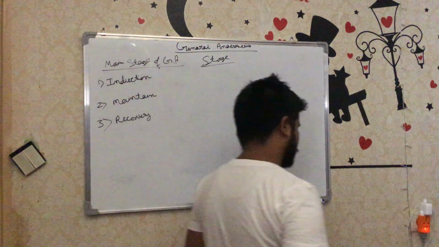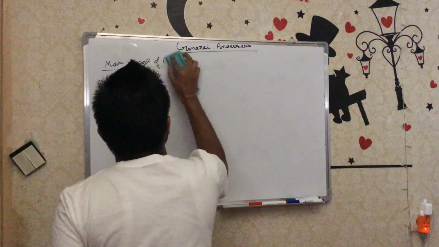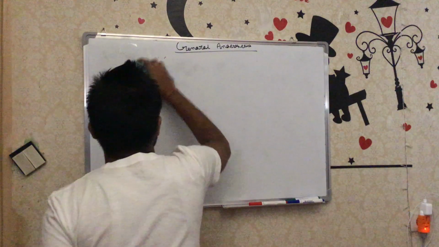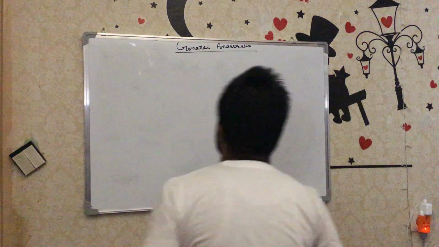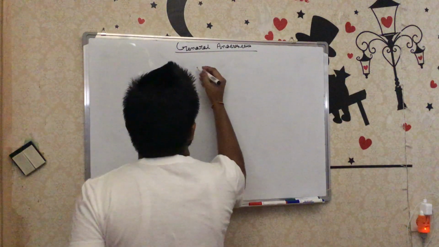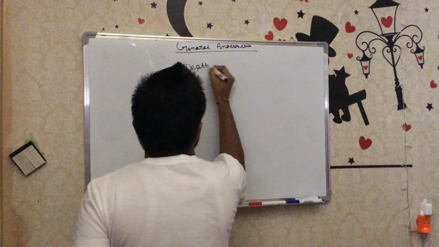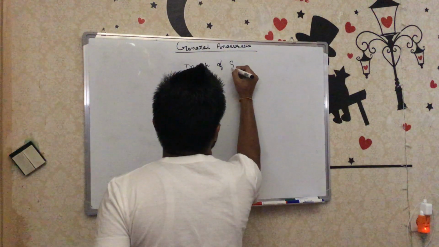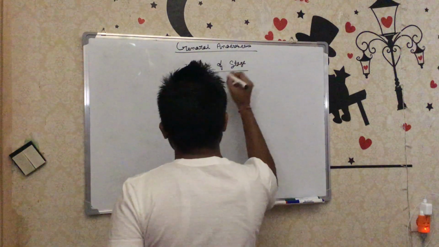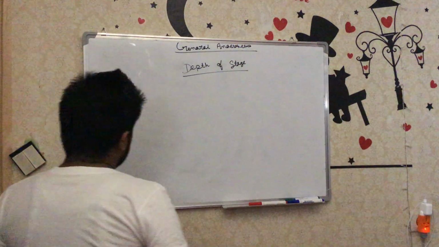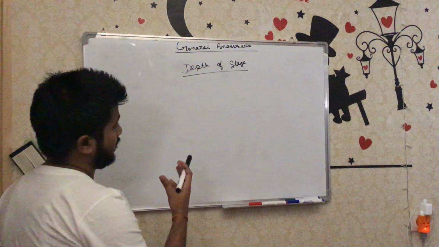And now we'll discuss the depth of the stages. What is the depth of it? The depth of the stages is very important for the anesthesiologist to understand. Depth of the stages, as I said, is the degree to which the anesthetic drug depresses the CNS.